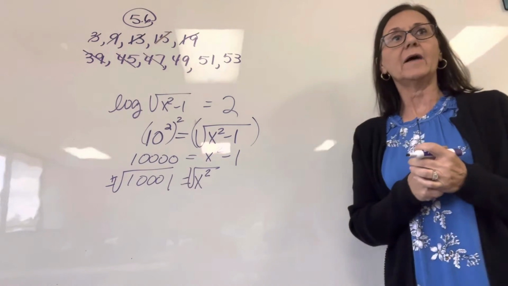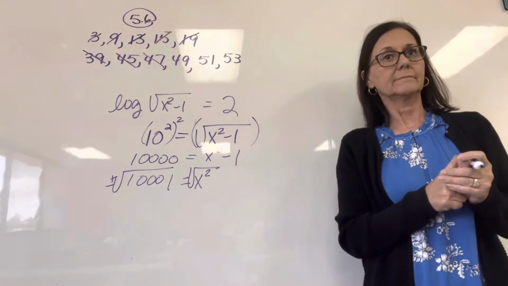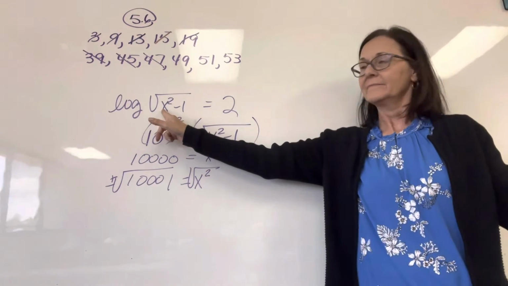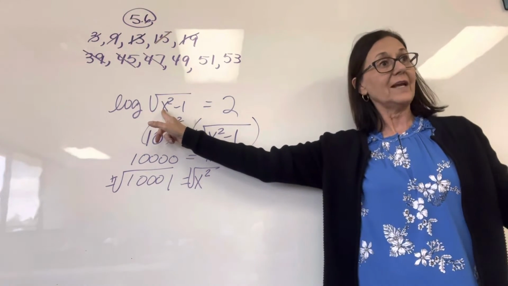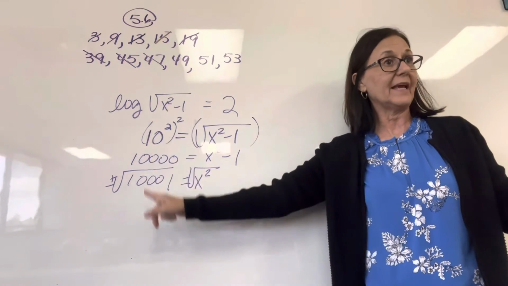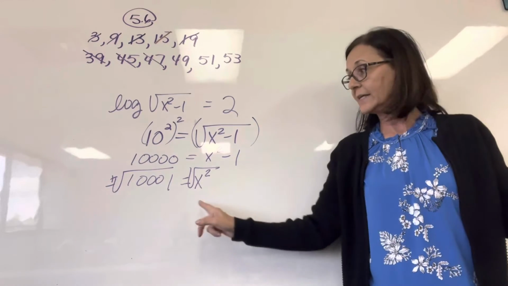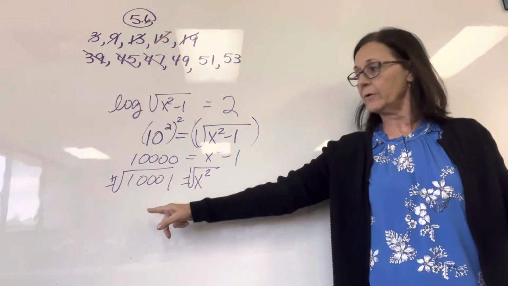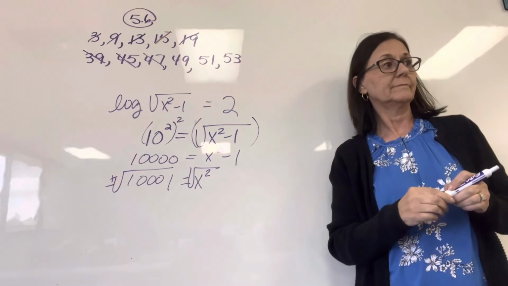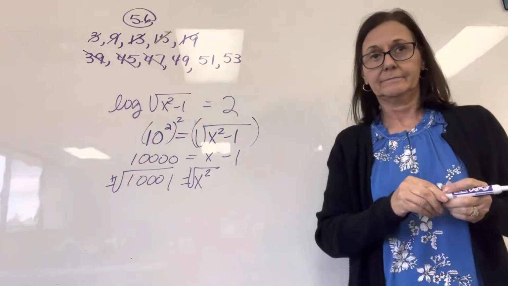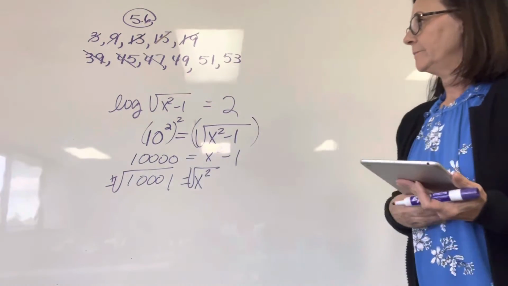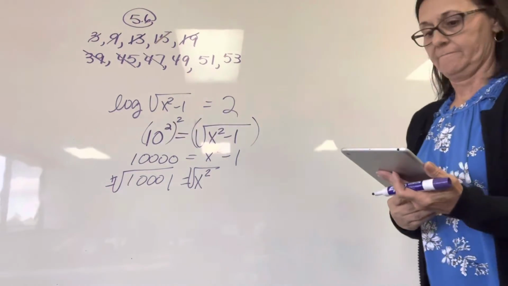Can it be a plus and a minus? Because x is squared, it can be both plus and minus. That doesn't make the argument negative. So x is plus or minus the square root of 10,001. Your argument is not negative because that term is squared.